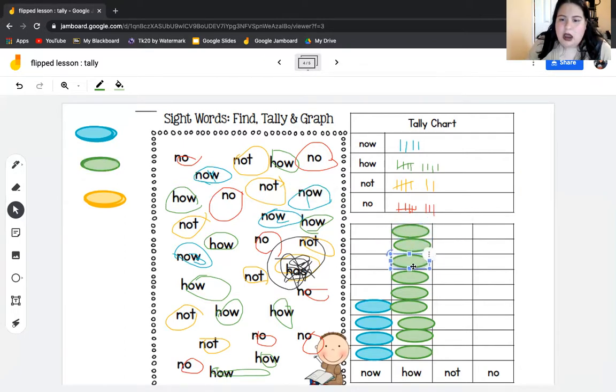And what about our knot? How many knots did we find here? We found 5, 6, 7. While I'm putting knot, count how many no's there are.